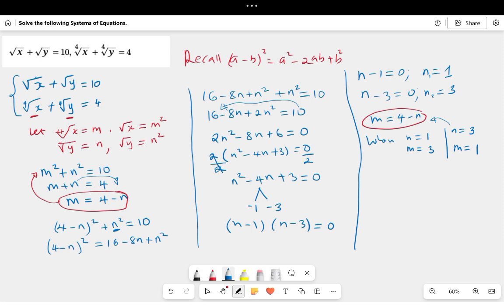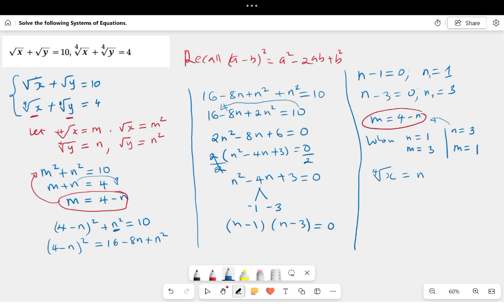Now let's go back to the original substitution that we had up there, whereby the fourth root of x was compared to n.